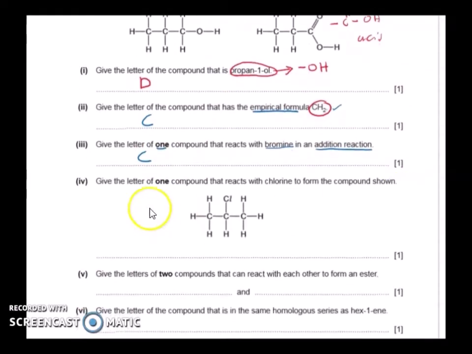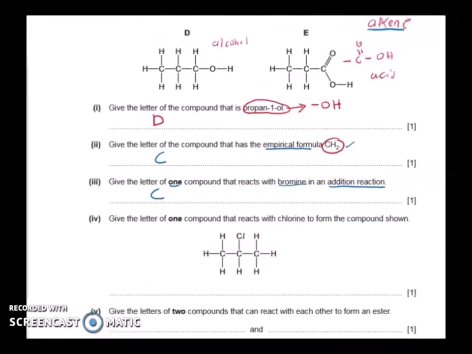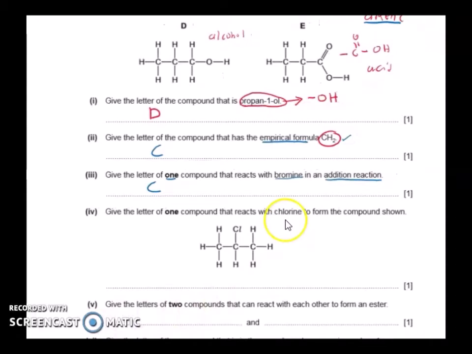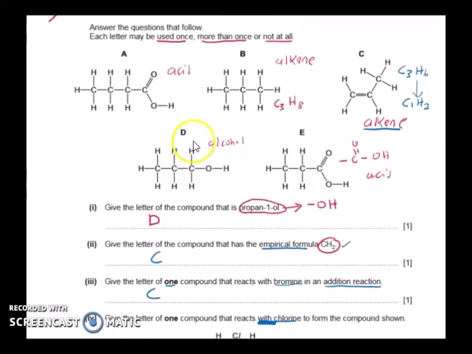Alright, give the letter of one compound that reacts with chlorine to form the compound shown. Okay, with chlorine, your best choice here will be B, because an alkane will undergo a substitution reaction.